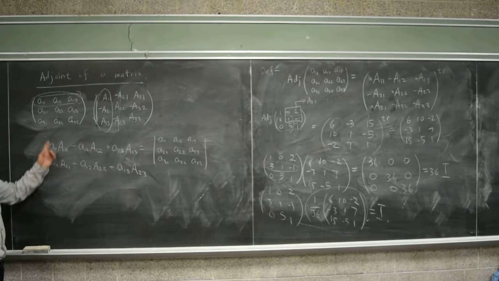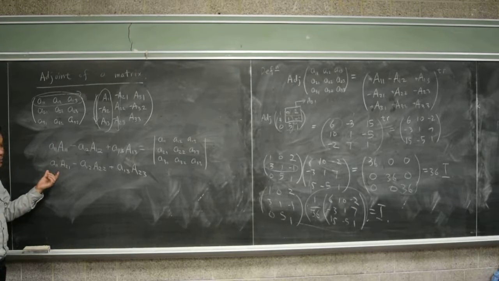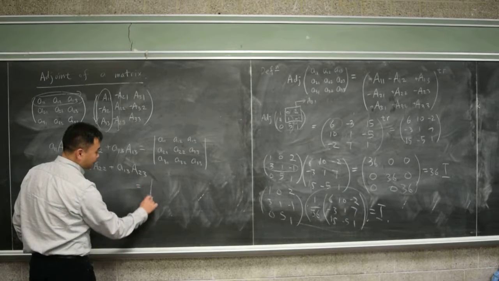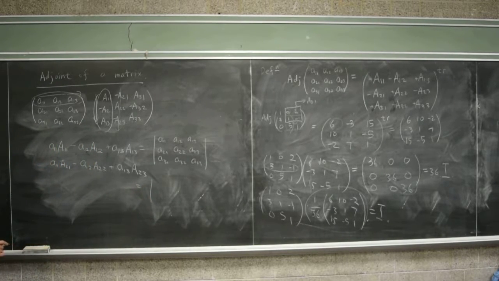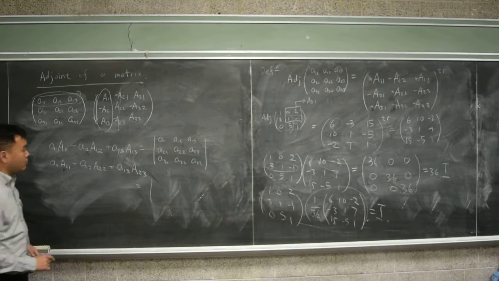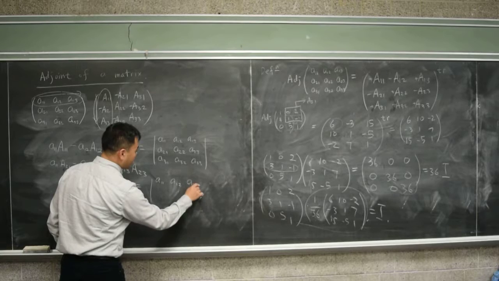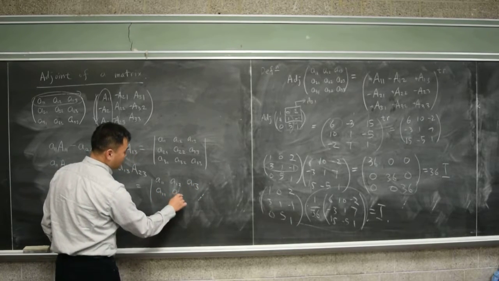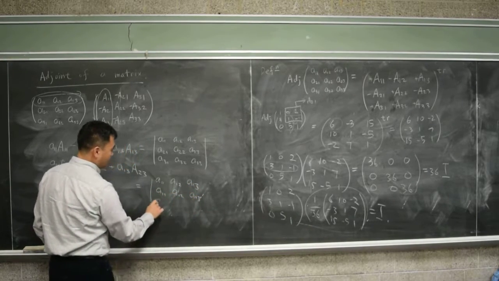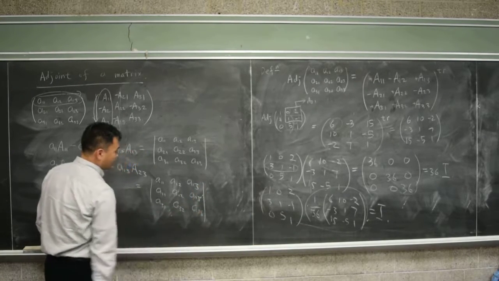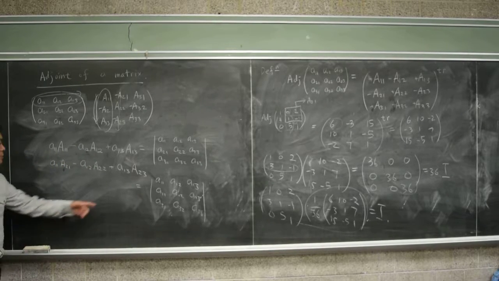Now, this is not the determinant of the original one. However, it's a determinant of something else. This is a determinant of, let's see, A21. Right. So if you had A11, A12, A13, A11, A12, A13, A31, A32, A33, this would be the same as this one.